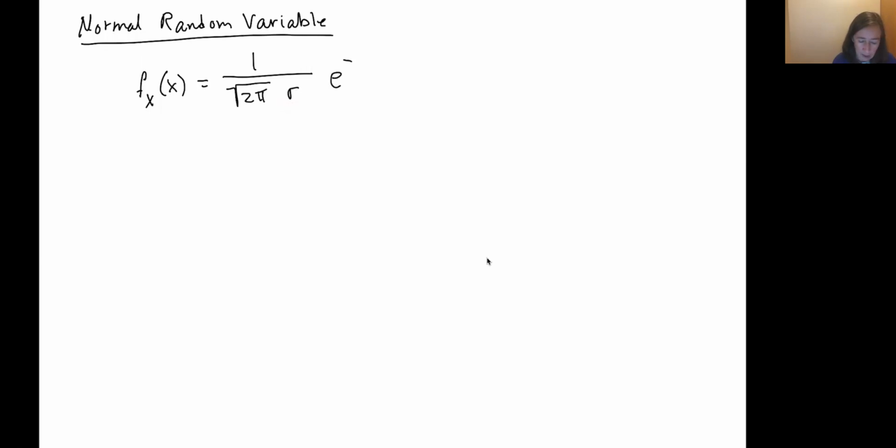And e is raised to a power, x minus mu squared over 2 sigma squared. So this whole thing is the exponent that we're raising e to.